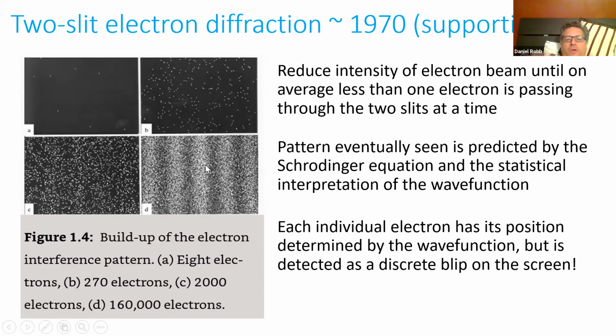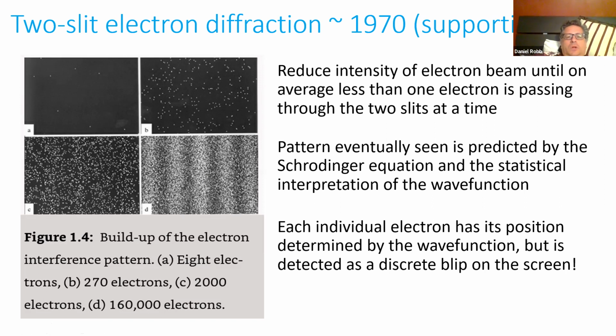They evolve according to a wave equation, because entities like the electron are both waves and particles, as you remember from modern physics. So when they're not interacting with matter, they evolve like waves. And once they interact with matter, like a solid surface, they interact as a particle. So they show up as a discrete blip.